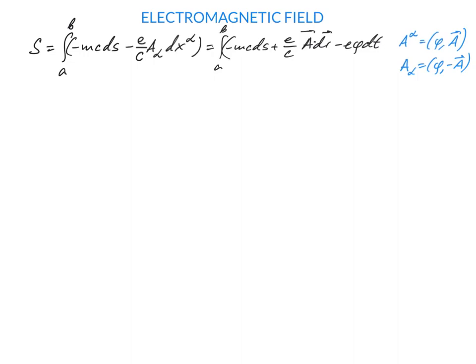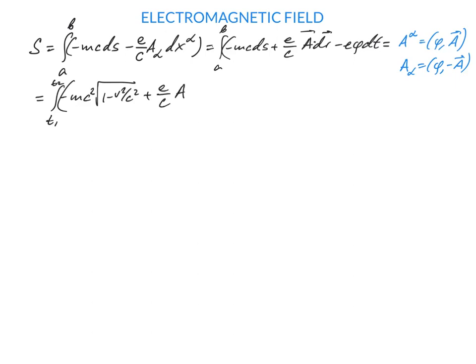We can easily convert this to an integral over time. So we specialize to a particular reference frame. Now, the first term was found before. It's just minus mc squared times the square root. For the term from A dr, we divide and multiply by dt.